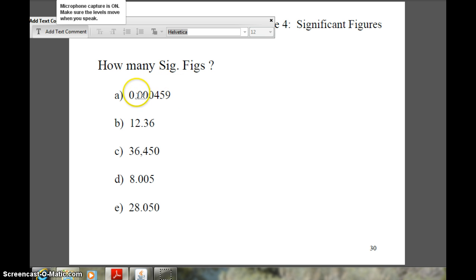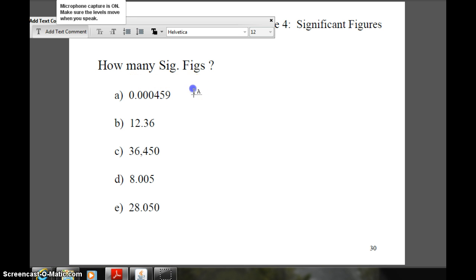Really, if you think about it, the first 3 zeros, which are leading zeros, are only providing the place for the decimal. So these are not going to count, and the number of sig figs that this number has is just 3, because you can write that number as 4.59 times 10 to the power of negative 4. And since there are only 3 relevant digits, 4, 5, and 9, the total number of significant figures is just 3.